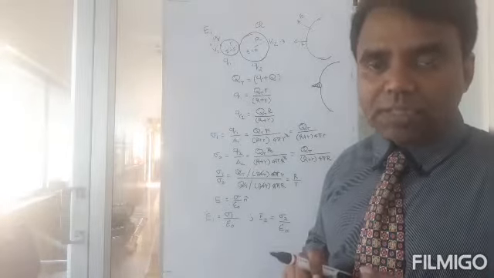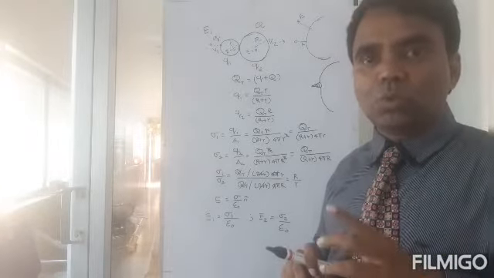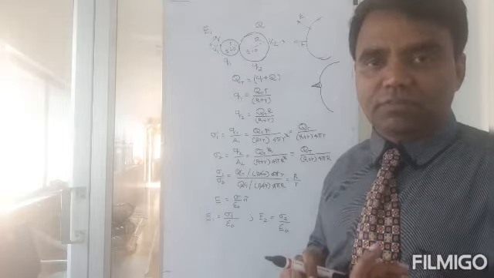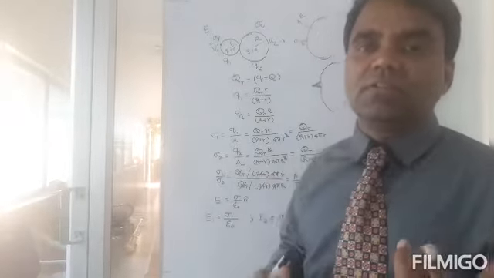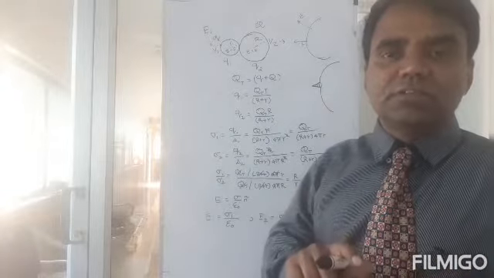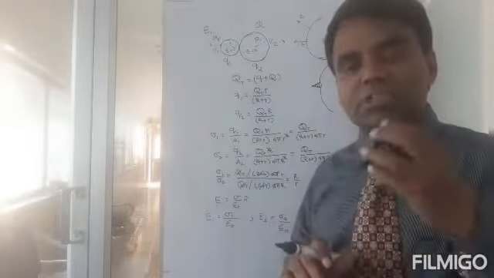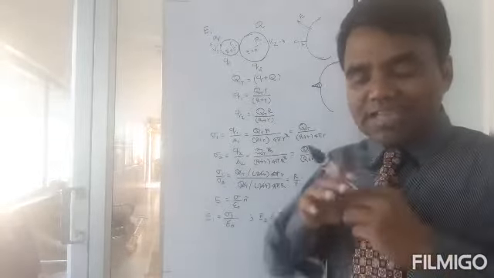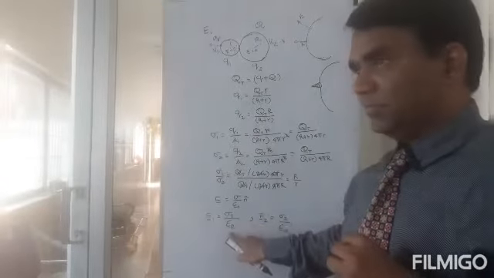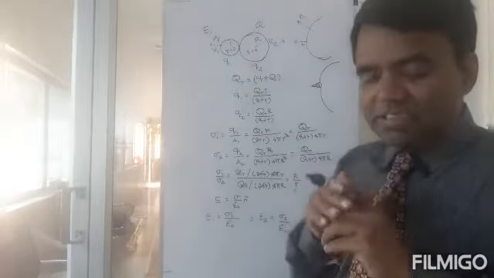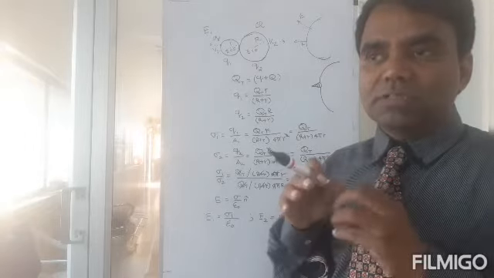Okay, but then the charge density will be different. The charge density on the smaller sphere will be greater than the charge density on the bigger sphere. Because the charge density on the smaller sphere is greater, the electric field on the surface of that sphere will also be different.